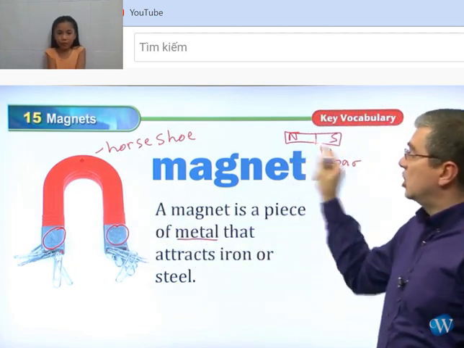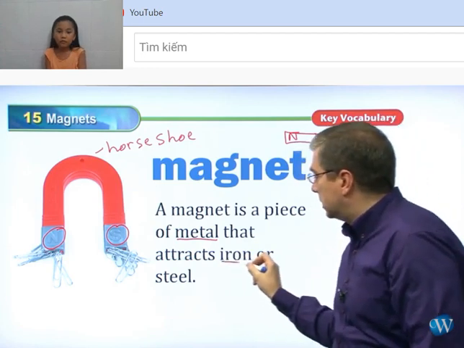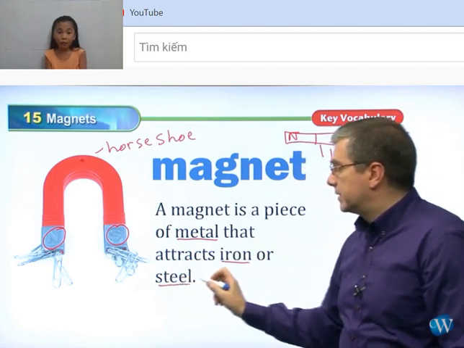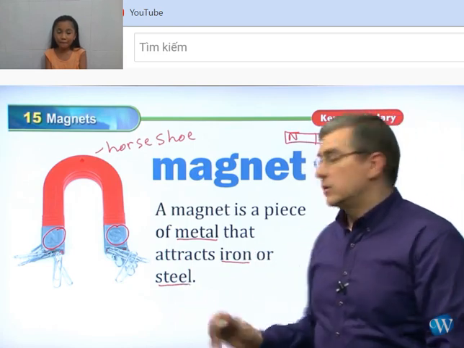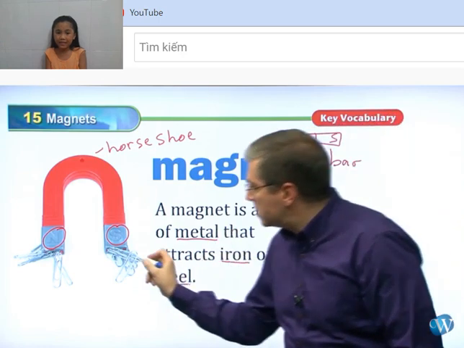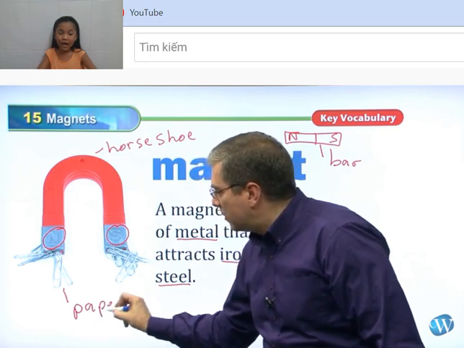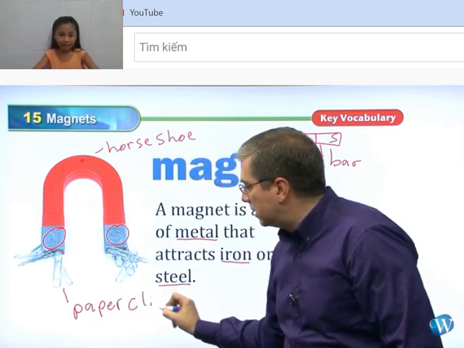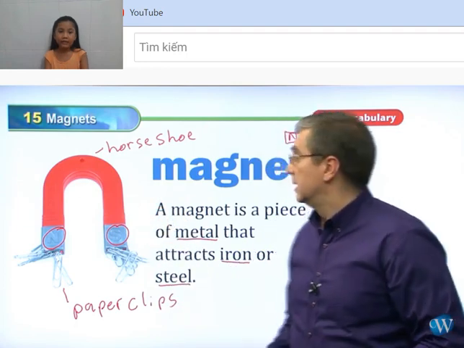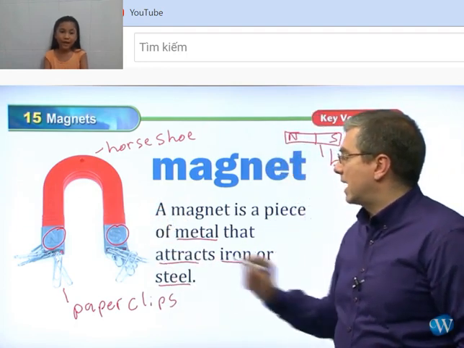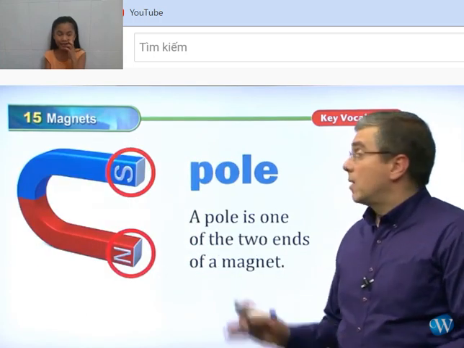So there are two different poles of one magnet. It is a piece of metal that has been made with iron too. And iron of course attracts iron. In this picture, we have magnets attracting paper clips. So people find a way to make magnets out of iron.